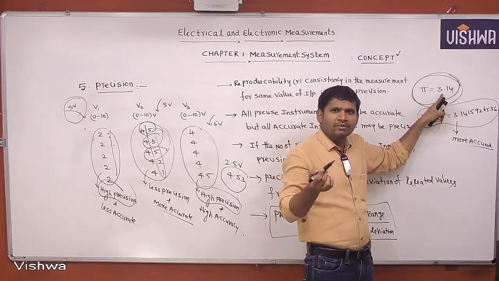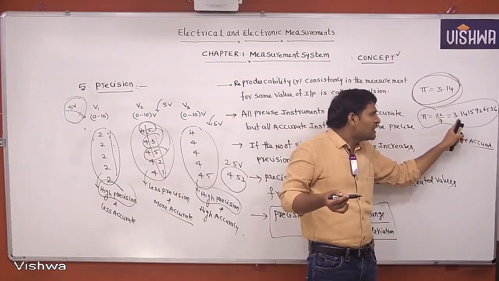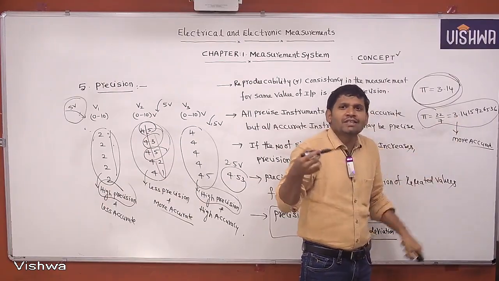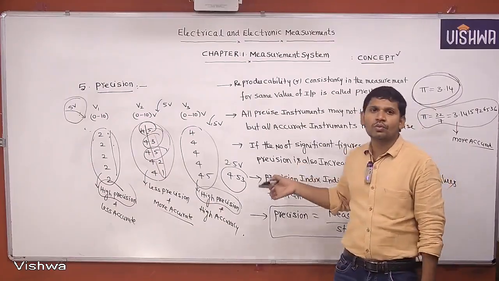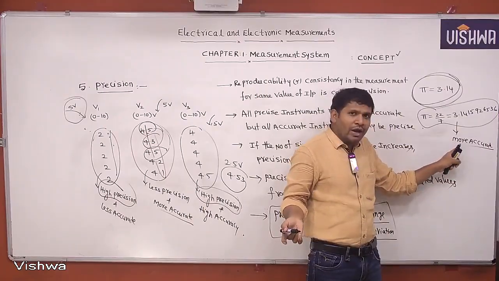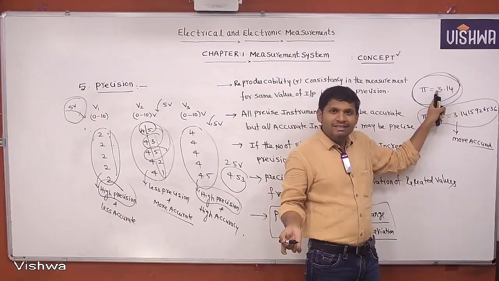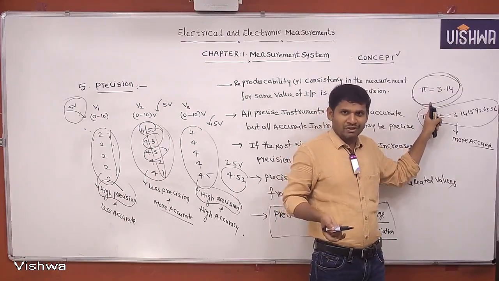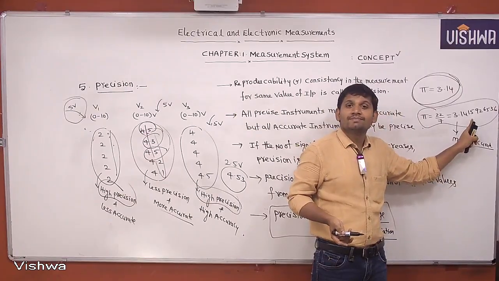How to count the number of significant figures? I will explain. That means, if the number of significant figures are more, then the precision is also more. That's why, because this is more accurate and high precision, but the other is less accurate and less precision. That's why all accurate instruments may be precise.